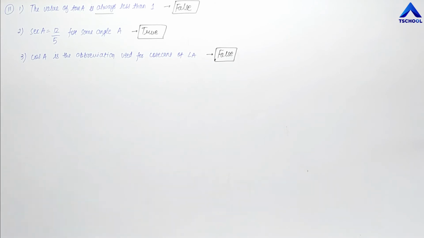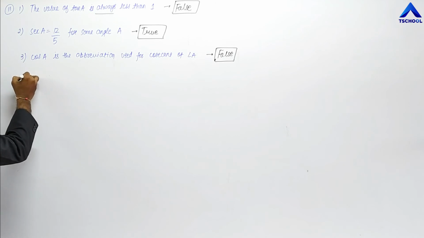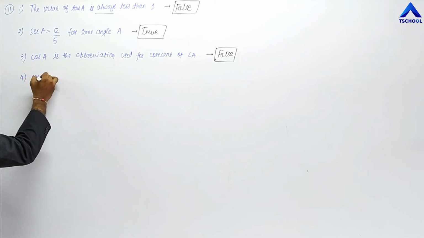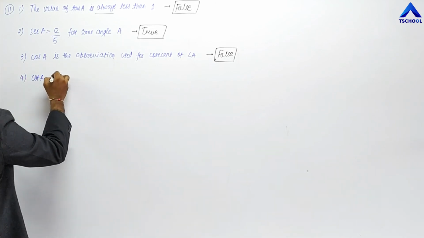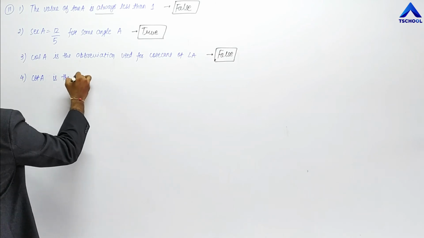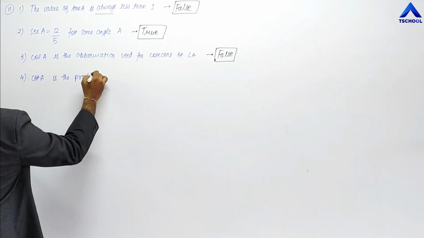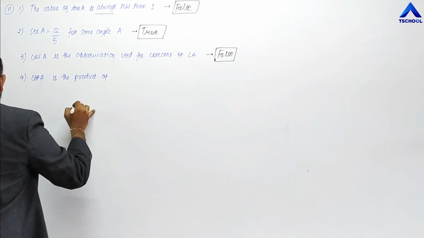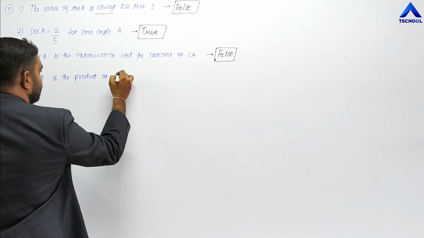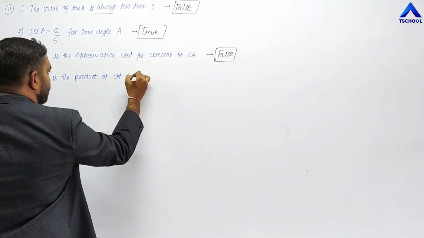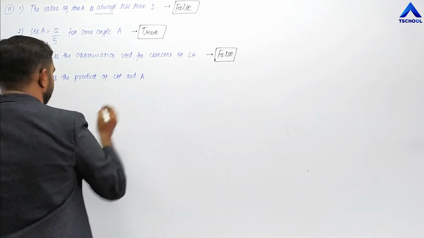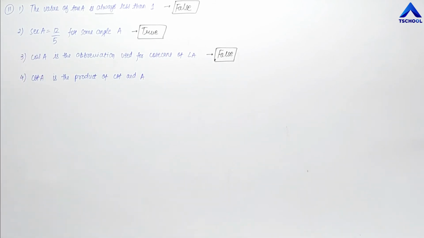Fourth one, the question is: cot A is the product of cot and A. Is it true? Cot A is the product of cot and A?